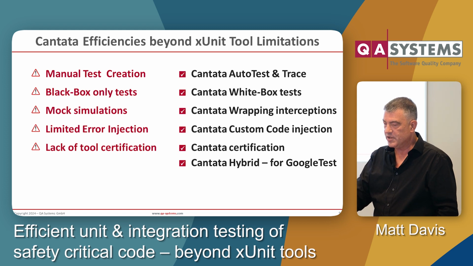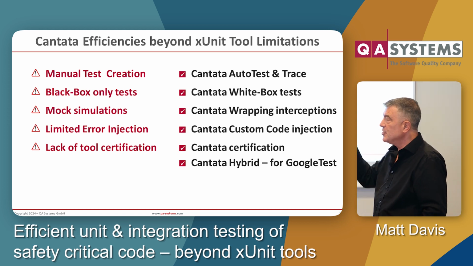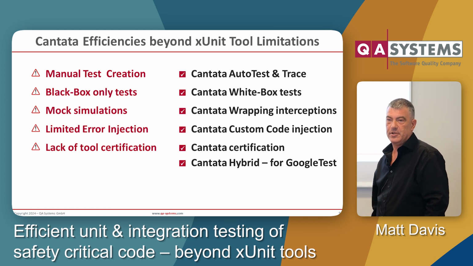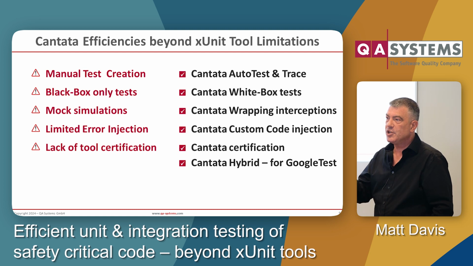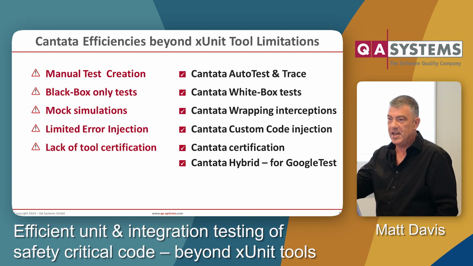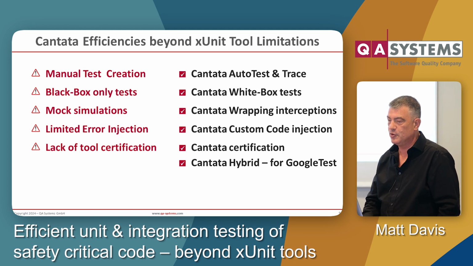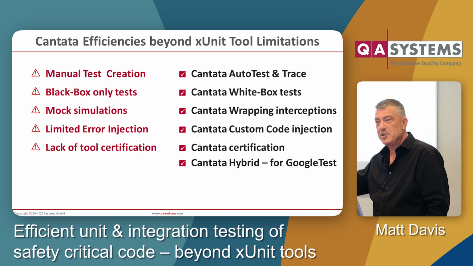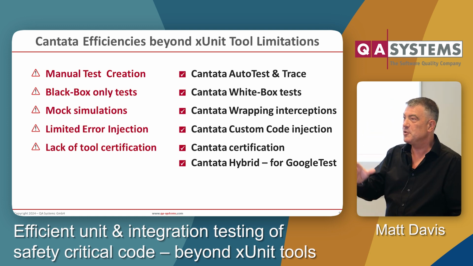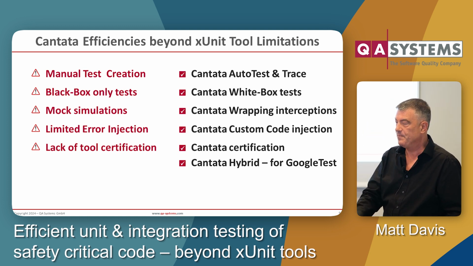So, what are these efficiencies beyond the xUnit tool limitations? The first, and by far the most important, is manual test creation. If you are typing your code, and you are typing all of your tests in a code-based framework like an xUnit tool, you're doing a lot of typing. Yes, you have code completion, yes, you have library functions, but nonetheless you are still writing an awful lot of code.